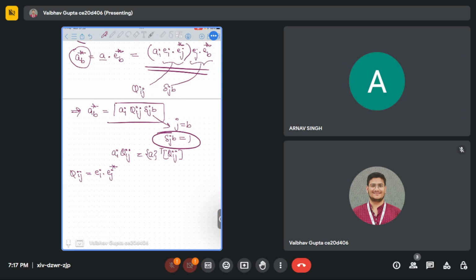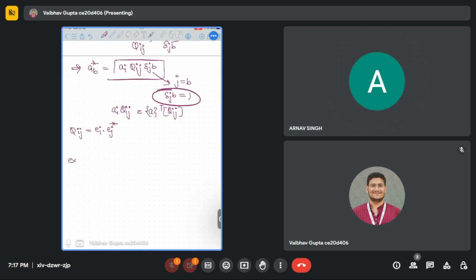Suppose someone has said, I have this basis function, ex plus ey by 2, and I will represent the new basis function as this. See, this e1, e2, e3, ex, ey, ez, these are all the same. These are nothing but basis functions.